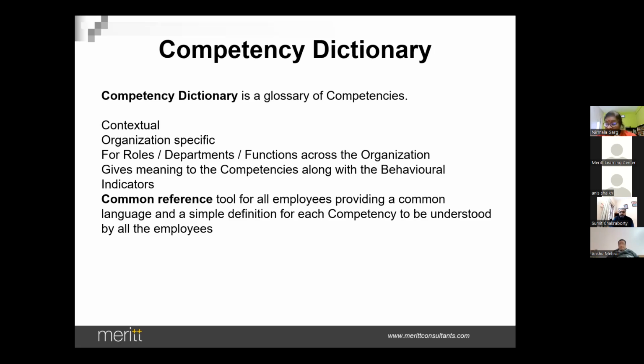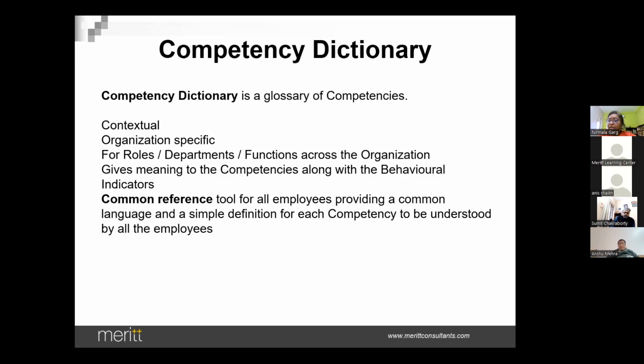And he definitely said that it is a tool which can be used like a common tool, providing what? A common language. What I understand as communication will be the same as what you understand by communication.